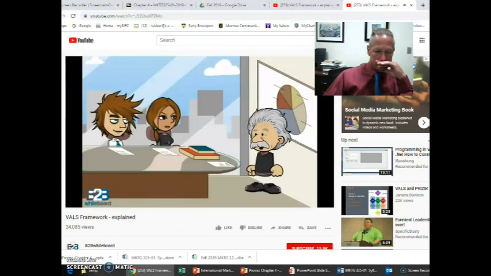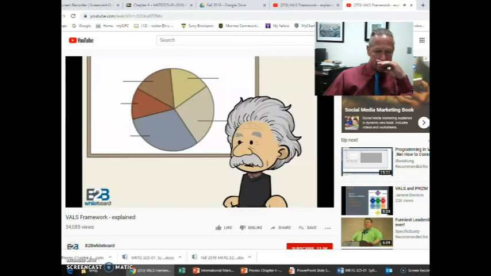VALS draws heavily on the work of Harvard sociologist David Riesman and psychologist Abraham Maslow. The VALS framework gives more details about 8 demographic groups. First group are the innovators. These consumers are on the leading edge of change, have the highest incomes, and such high self-esteem and abundant resources.